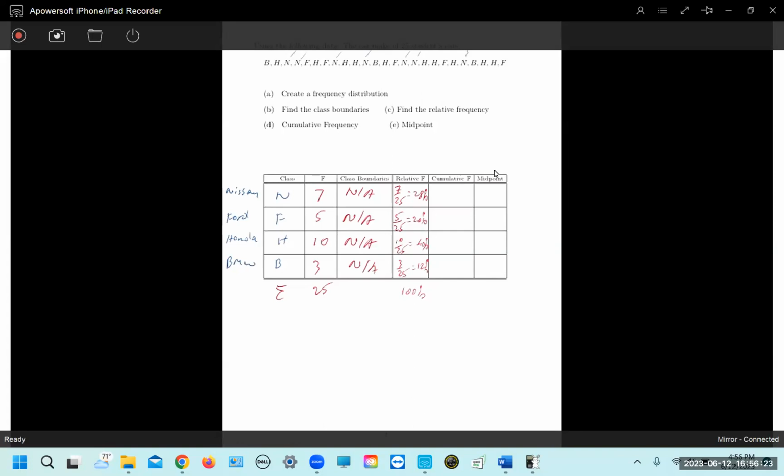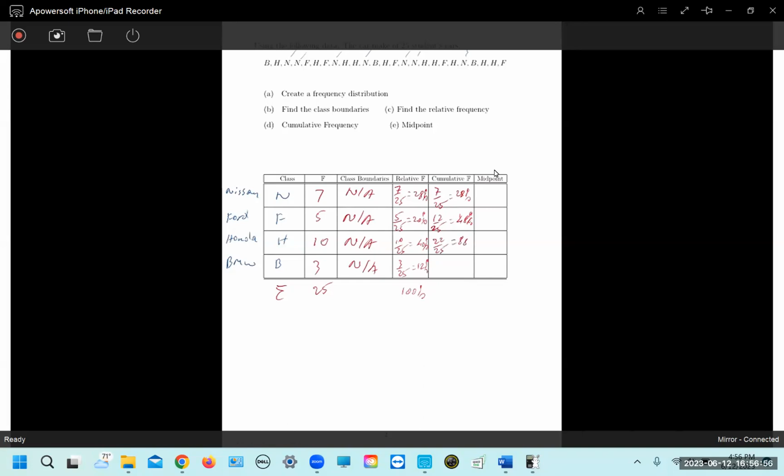So we have a cumulative frequency. So we get 7 over 25. So this one is 28%. And 7 plus 5, that is 12 over 25. So this one is 48%. And then 12 plus 10, that's 22 over 25.